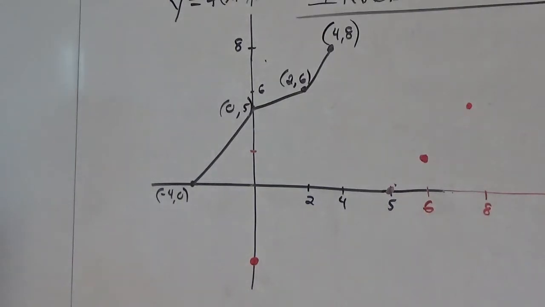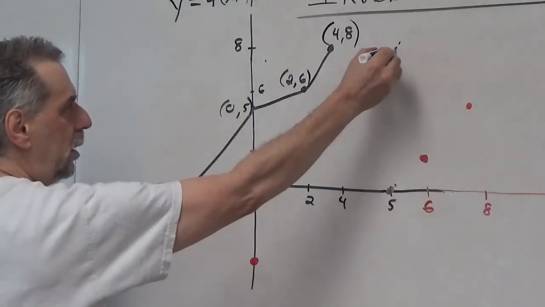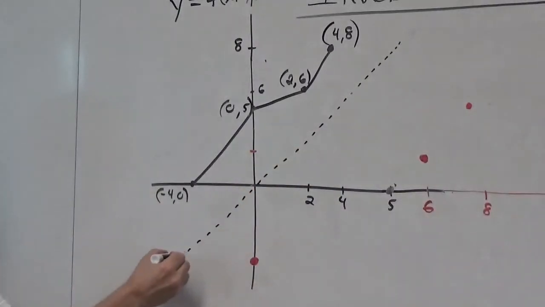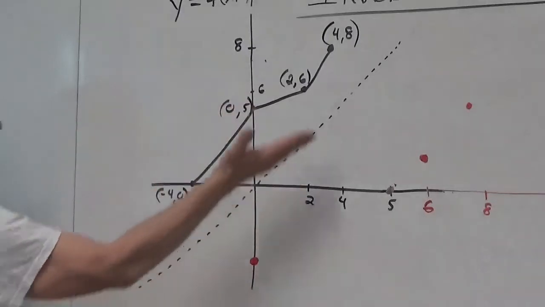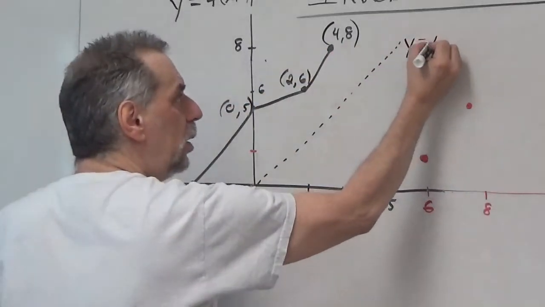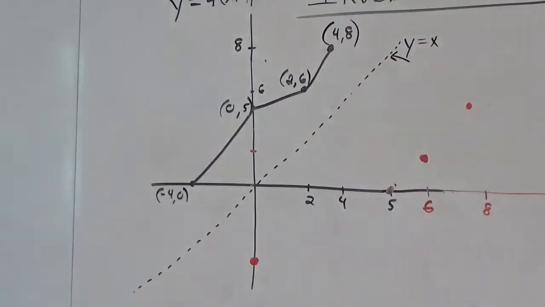So notice, I probably didn't draw this quite perfectly, but if you did this on a more exact graph, the inverse function is always going to be a reflection about this line, y equals x. Remember, we looked at this as one of our main functions when we did the transformations, right?